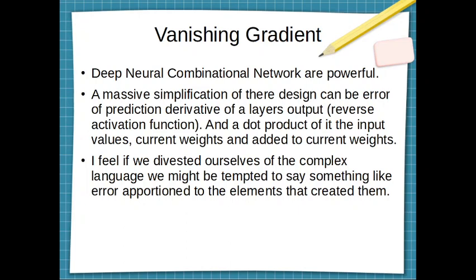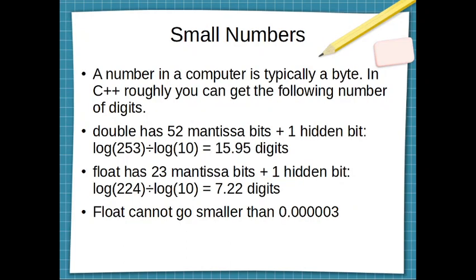So deep convolutional networks are powerful, but with more layers and more neurons comes more splitting up of the error in your calculations, so you get ever smaller numbers. Now, something to learn from C++ is your doubles and floats.